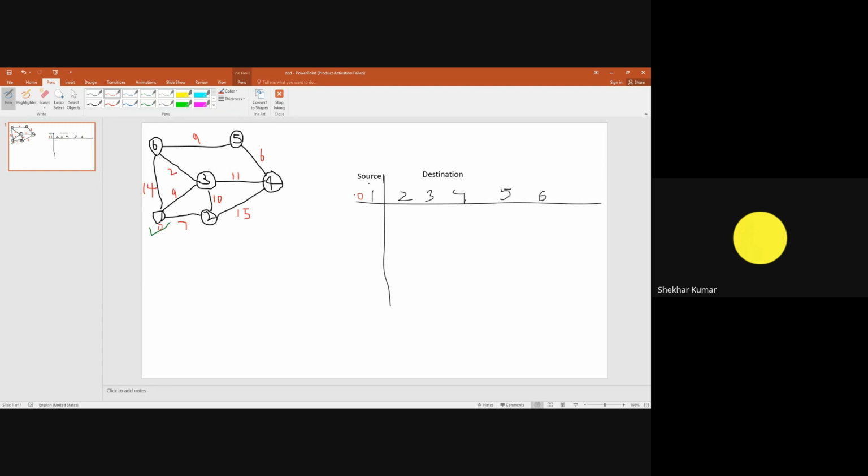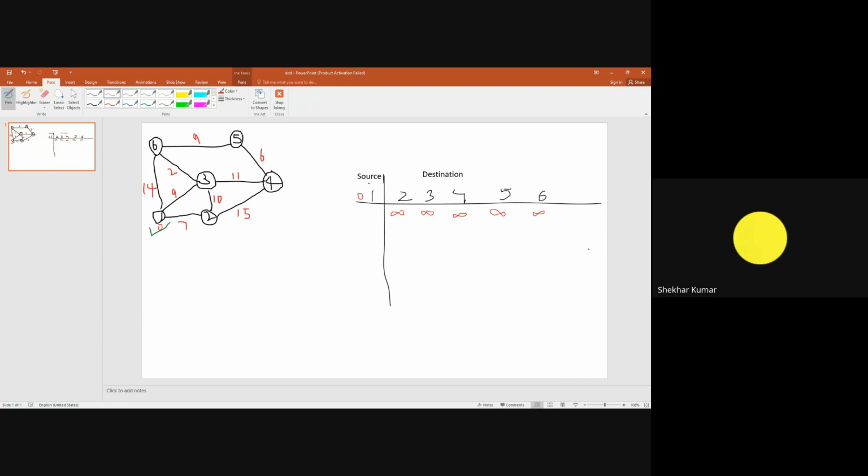Okay, in the initial state, the source to source cost is 0, and in all the other nodes, we assume that the cost of traveling from source to destination is infinity.